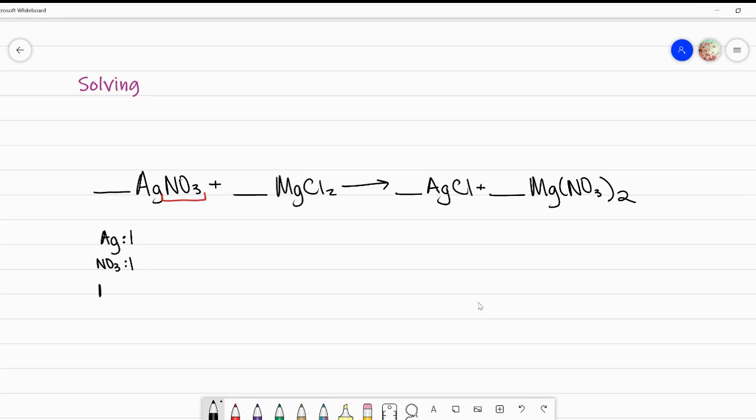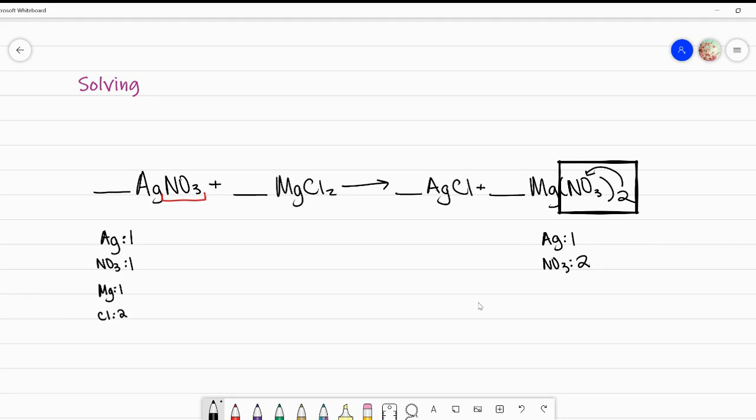We've also got 1 nitrate, magnesium 1, chlorine 2. Same thing on the other side. So when you stumble upon this, you have to remember that this is something separate, okay? So we're just going to multiply the 2 for this nitrate.